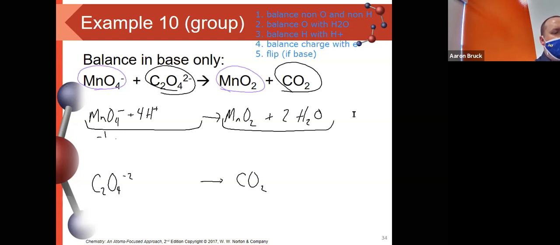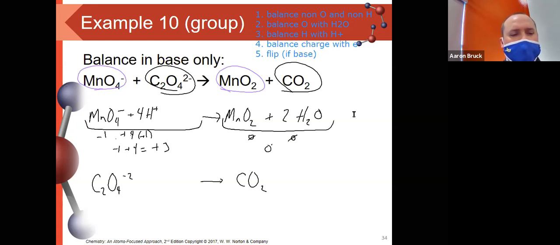I have a -1 and 4 positive ones. -1 plus 4 is equal to +3. On the other side of the equation, I have no charge in the manganese 4 oxide, no charge in the waters, so no charge overall.